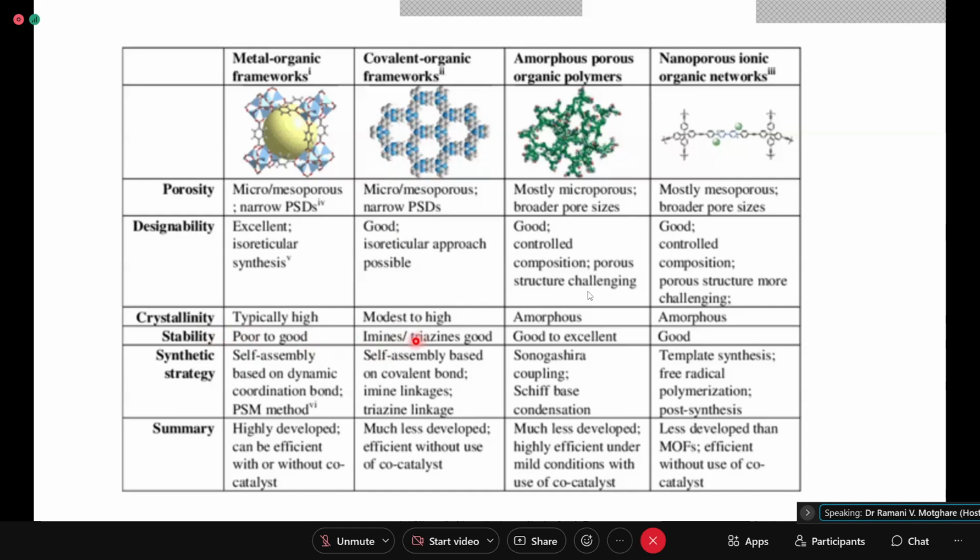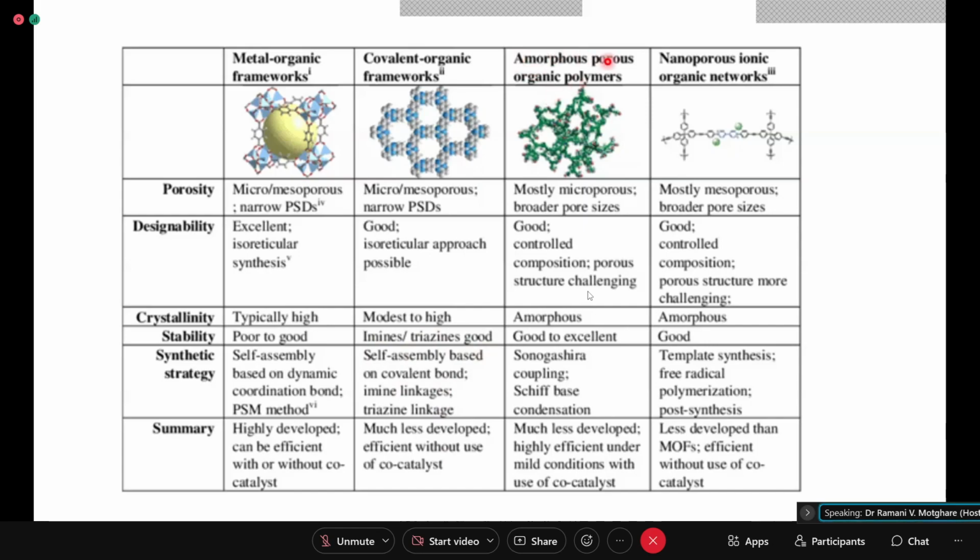Here you can design as per your requirement. You can take some nitrogen-containing or hetero-containing, or functional molecules having a double bond, so that the pi bond breaks and the required structure can be made. So imines and triazines are mostly used in such compounds.